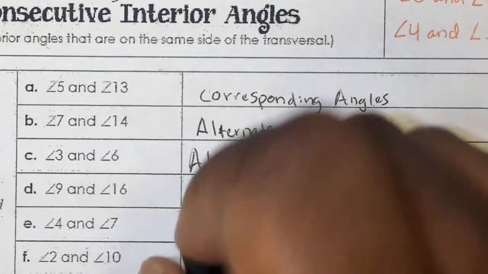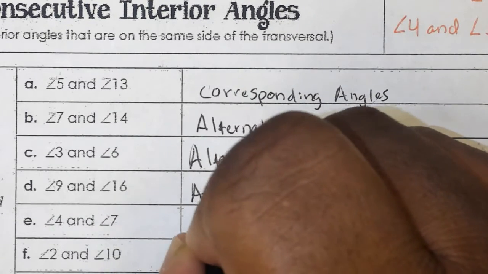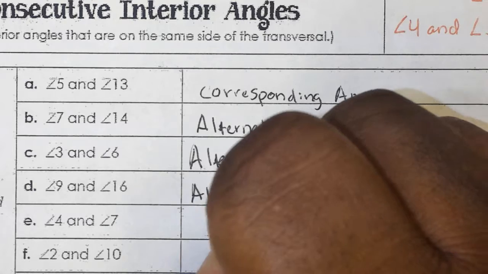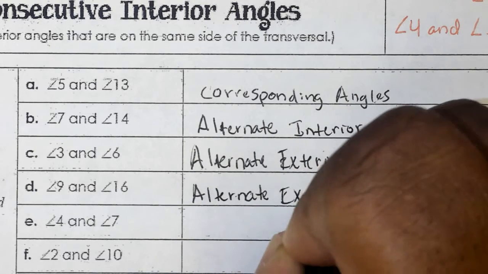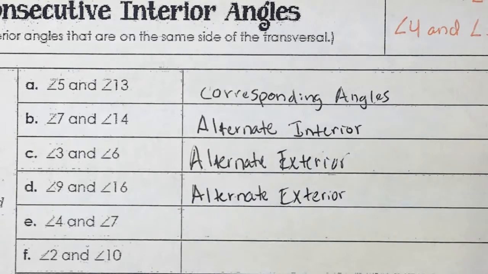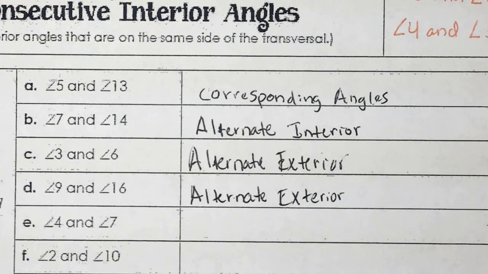Yeah, you're right. I'm sorry, I paused for a second. Alternate exterior. Corner. Angle 4 and angle 7.